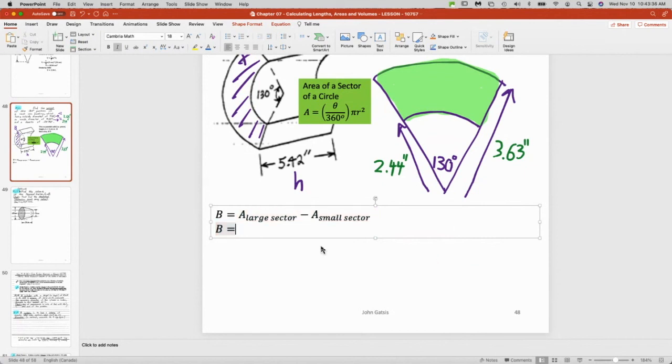So the large sector is going to be 130 over 360, that's in degrees, times pi times the outer radius, which is 3.63. I'm not going to put the units this time. Minus, and then do the same thing. Can someone confirm Nicholas's answers?